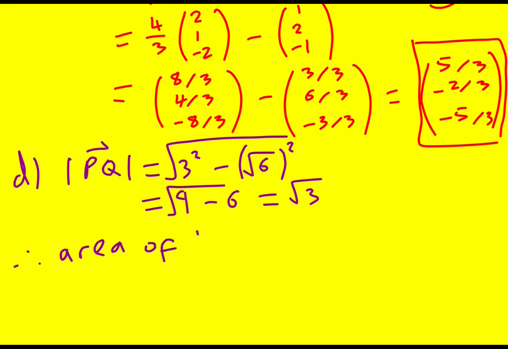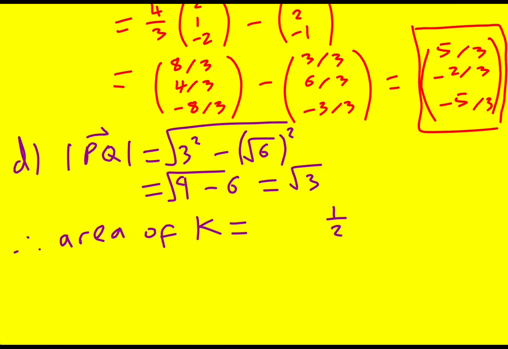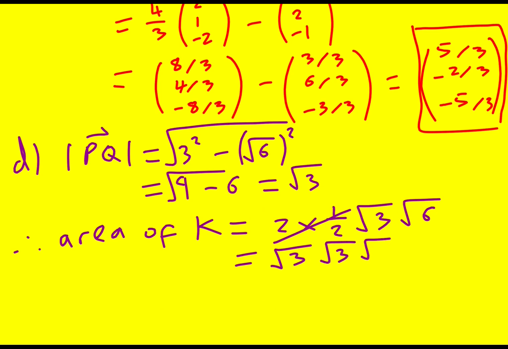Therefore, area of the kite is going to be, if we do a half base times height, a half times this root 3 times root 6. But of course, we then double it. These cancel, and we're just going to be left with, well, we could write it as root 18, or we could write it as root 3, root 3, root 2. If we split that root 6 up, which is going to give 3 root 2.